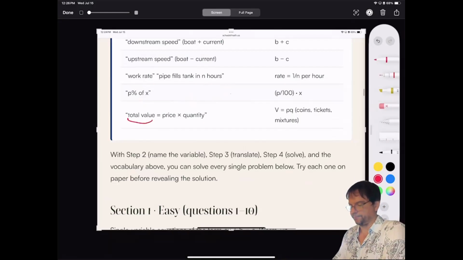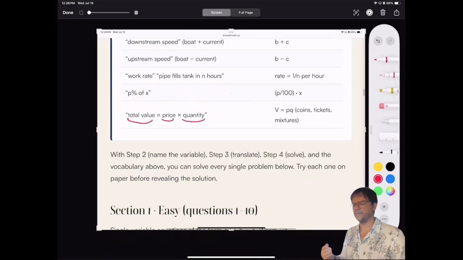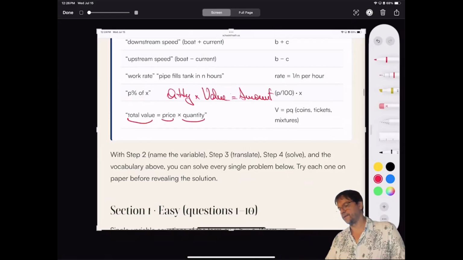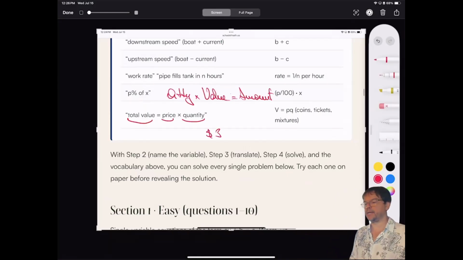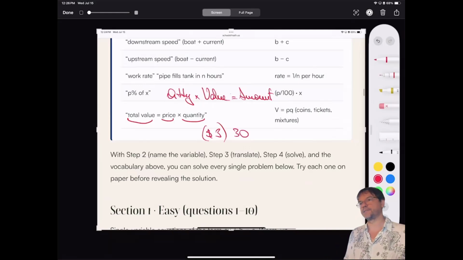Total value, price times quantity. This I will talk a lot. I used to say quantity times value is equal amount. This is very important for us. Let's suppose each bird costs $3 to feed per day. I have 30 birds.